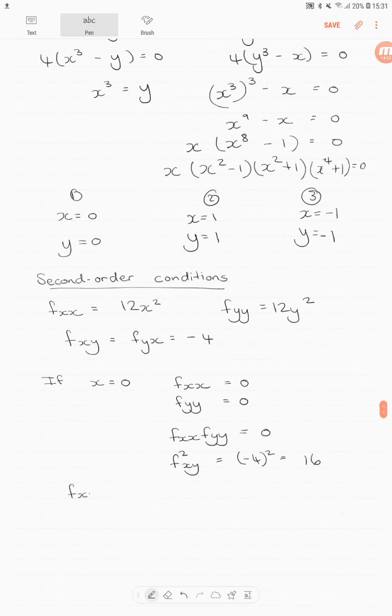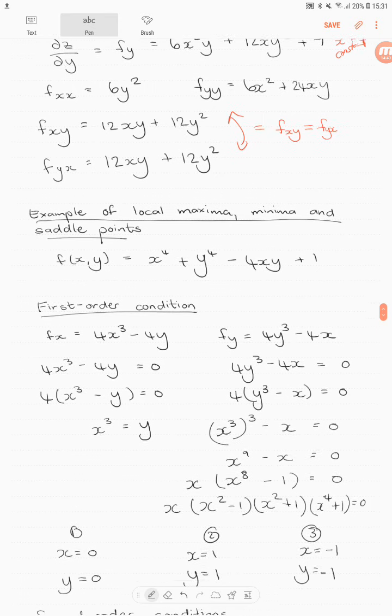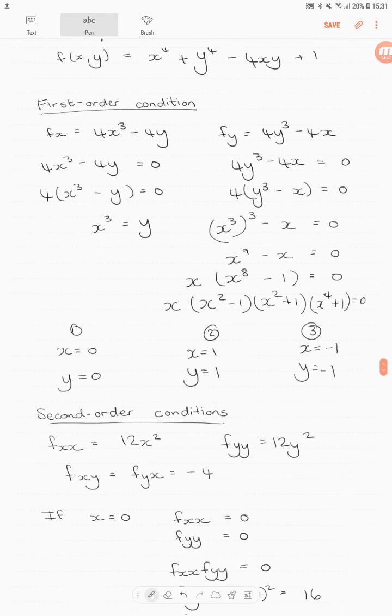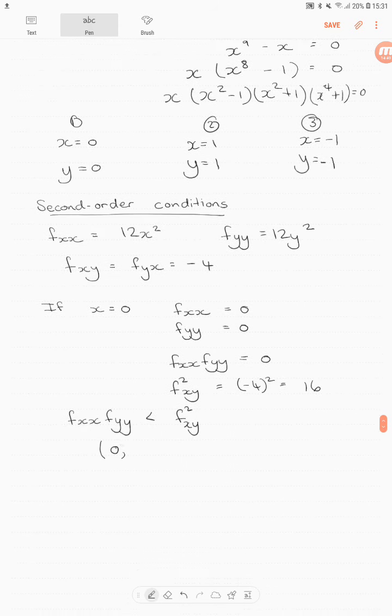So fxx fyy is smaller than fxy squared, which means that the point 0, 0, with the corresponding value 1, is a saddle point.